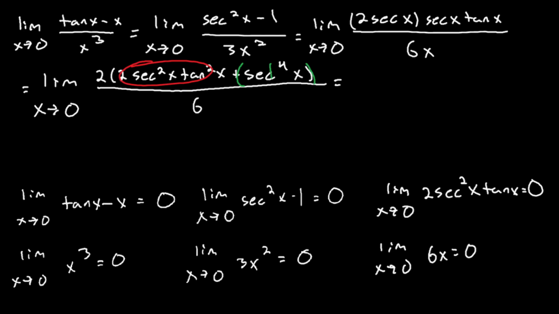So all you really get left off with is 0 plus 1 in these parentheses. 0 plus 1 is just 1. So we get left off with 2 over 6. 2 times 1 is 2. That's where I got the 2 from. But basically 2 over 6 is just 1 over 3. This right here is your final answer after you use L'Hopital's 3 times.